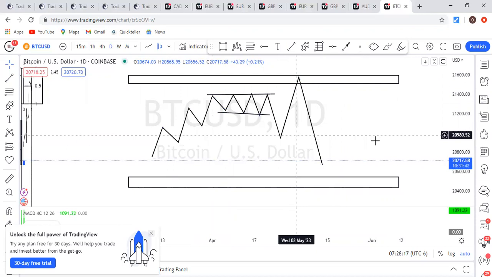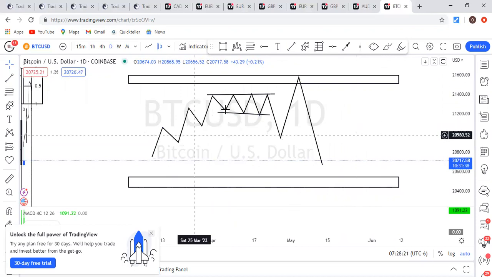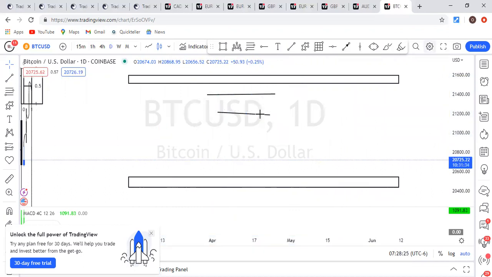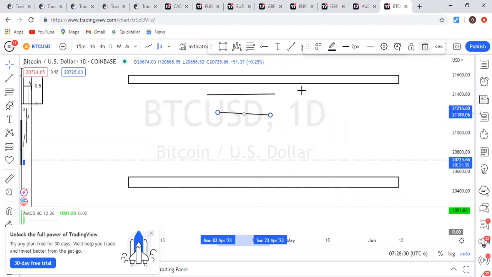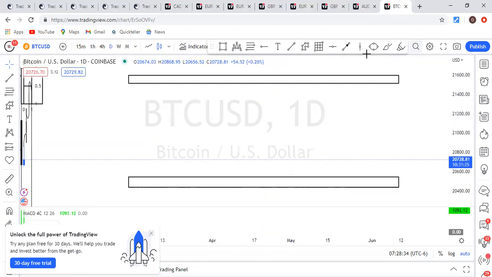So what I look forward to in my point of interest is my confirmation checklist. Let me show you my confirmation checklist. Now, number one, is there a sweep of liquidity?